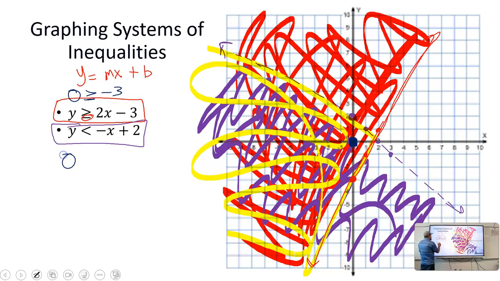Then 0 is less than -0 plus 2, so 0 is less than 2, which is true. So there we have our graph. Anything in that yellow area, because it was highlighted by both the purple and the red, would be a solution to this system of inequalities.